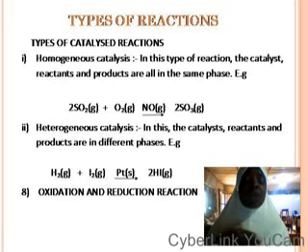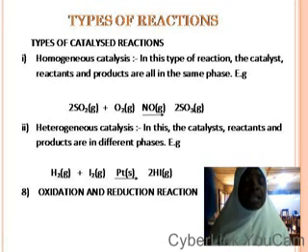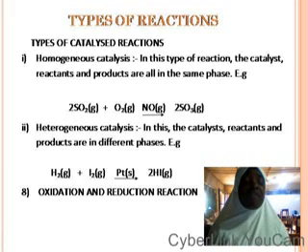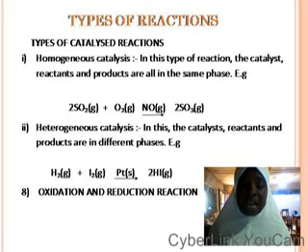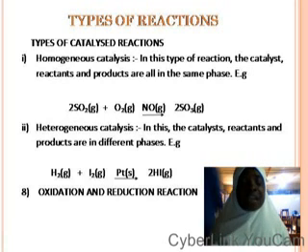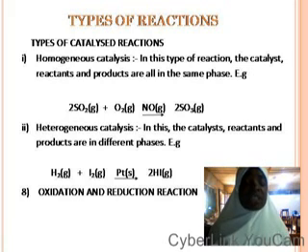That means either all of them are solids or all of them are gases. Another type is the heterogeneous catalysis. In this type of catalysis reaction, the catalyst, the reactant, and the product are in different phases.